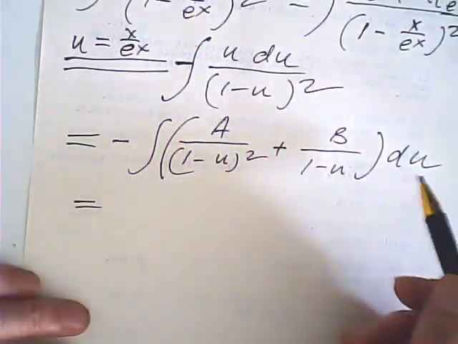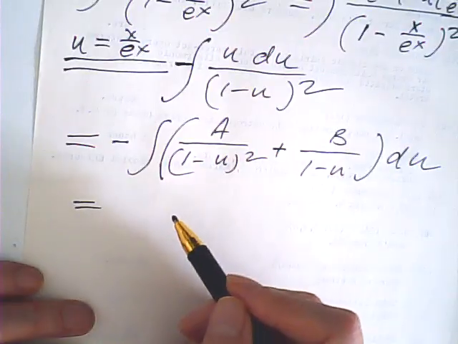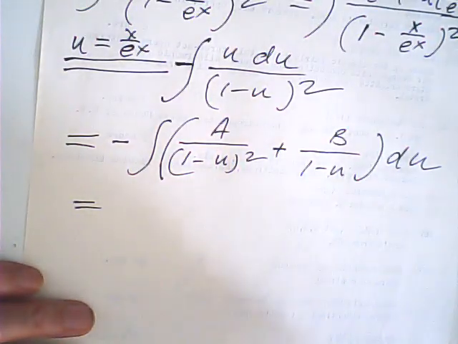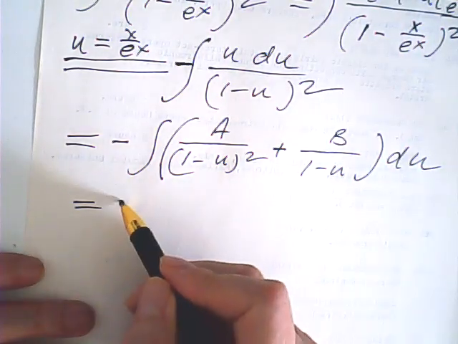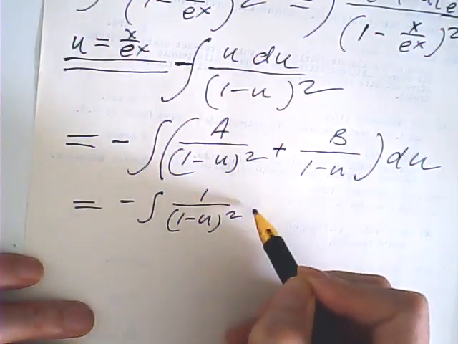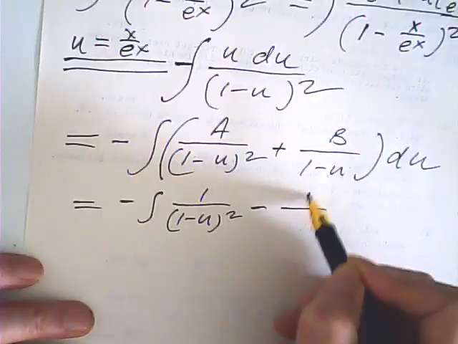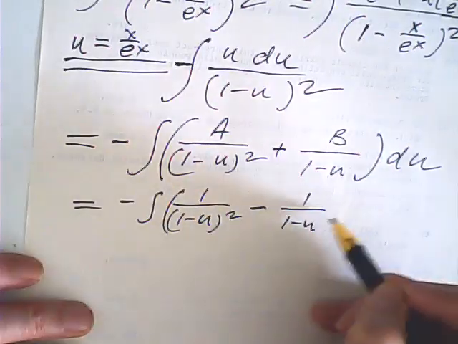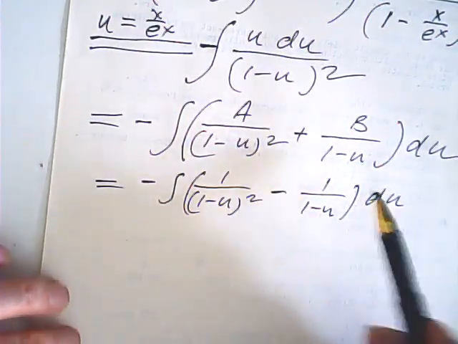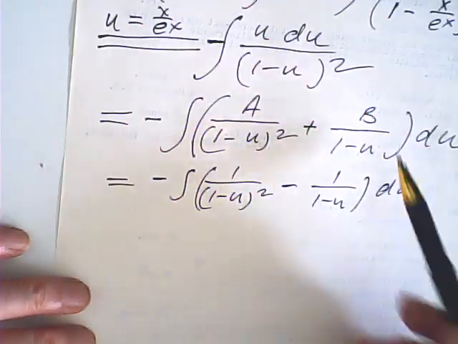So determine A and B easily. A is 1, B is negative 1. Excuse me for omitting the detail, but you know how to find A and B.